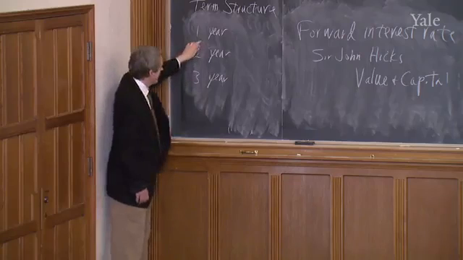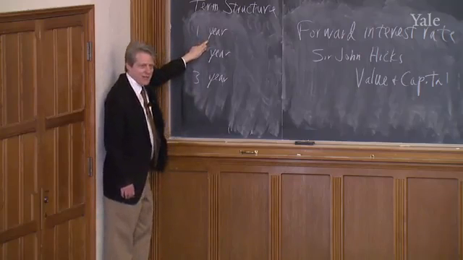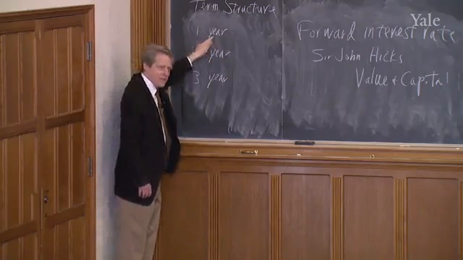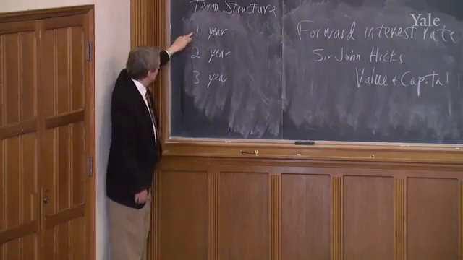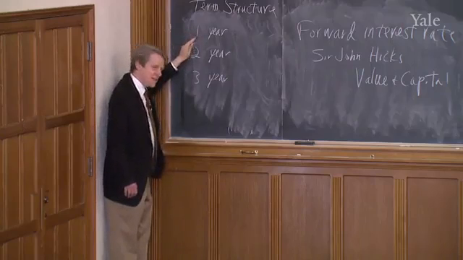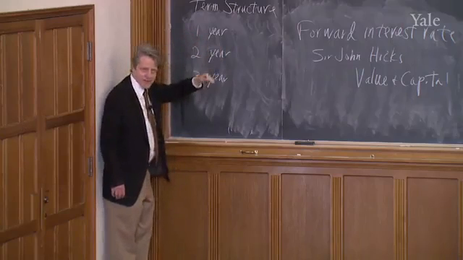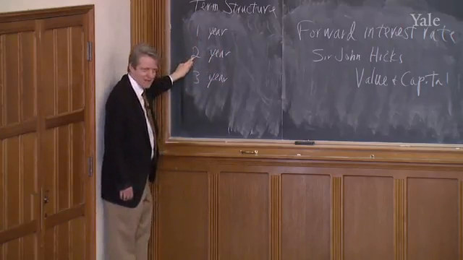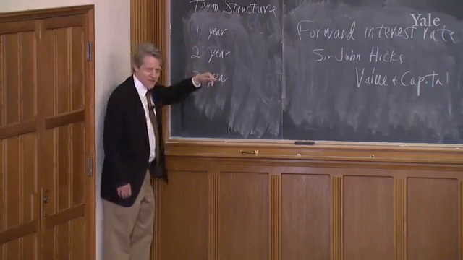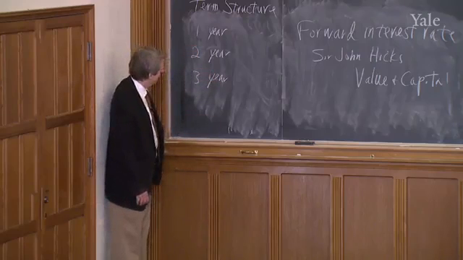Everything that's quoted in today's paper is an interest rate between now, today, and so many years in the future. The 1-year interest rate quoted is the rate between now and 1 year from now, right? And the 2-year interest rate quoted is the rate from now to 2 years from now, and so on.